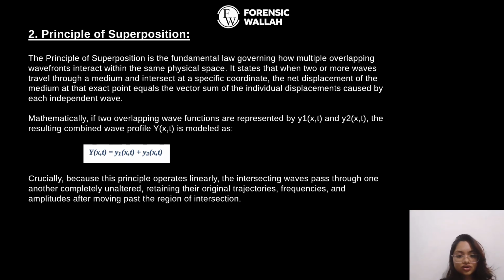They do not bounce off each other, scramble, or lose their energy. Instead, they retain their original trajectories, frequencies, and amplitudes after moving past the region of intersection. This linearity is what allows complex optical interference and imaging to occur without destroying the underlying information carried by the light.